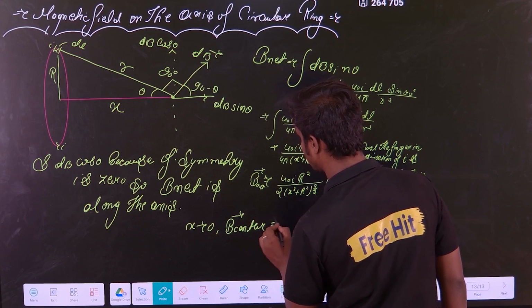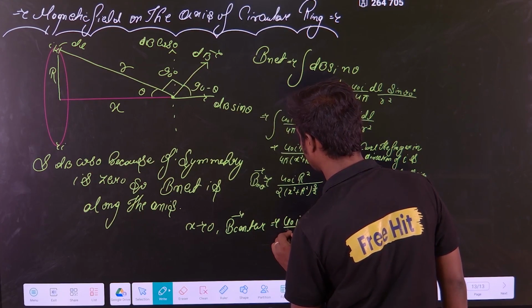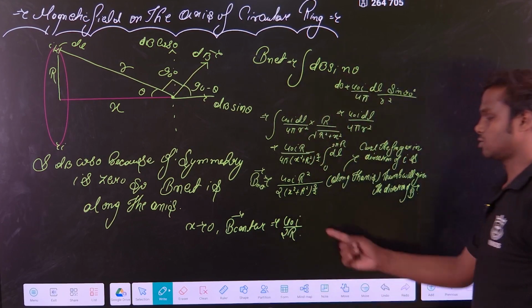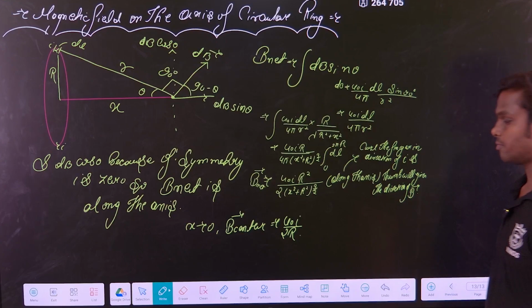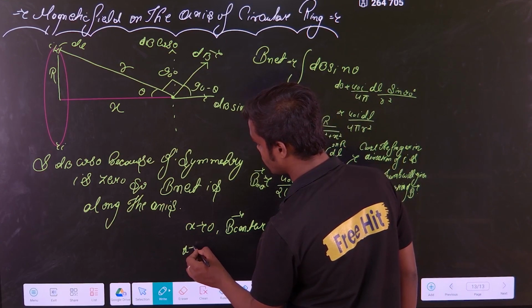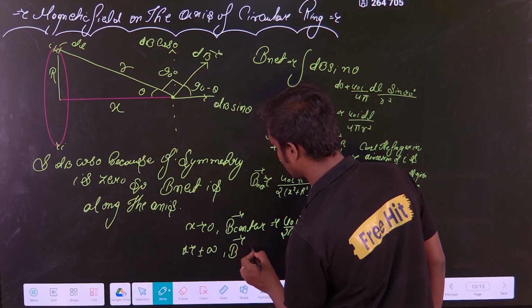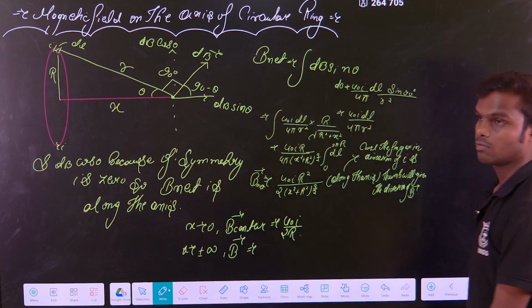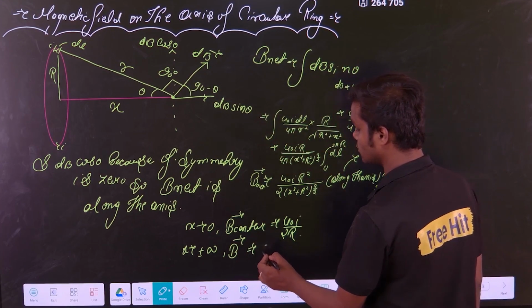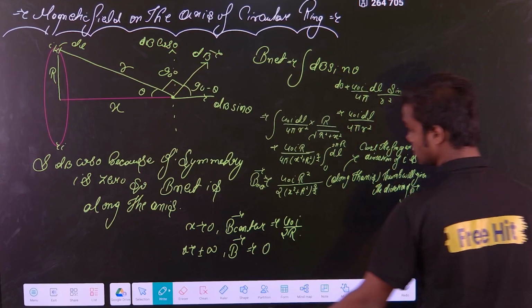What is the magnetic field at center you are getting? Mu naught I by 2r. Yes or no? This is what we have calculated earlier also. When x is equal to plus or minus infinity, what is my magnetic field at this point? What is the value you are getting? 0. So can you tell me what the graph will look like?